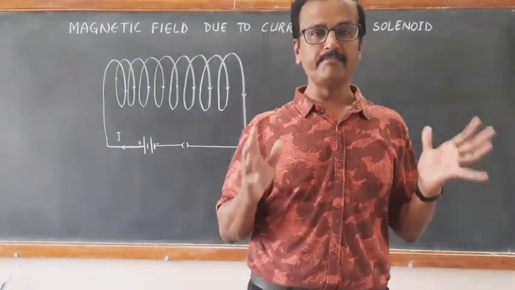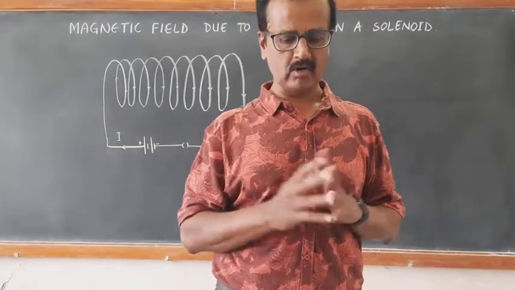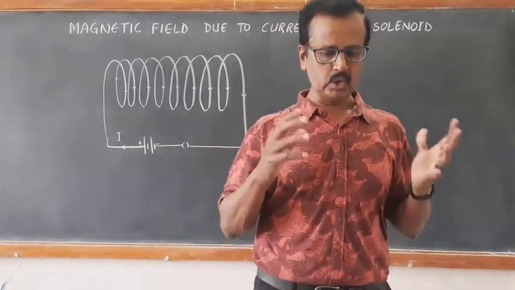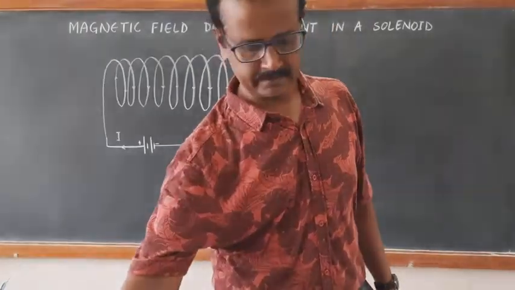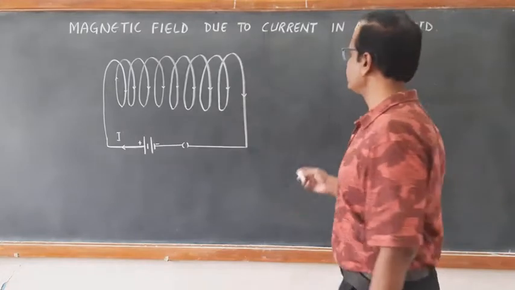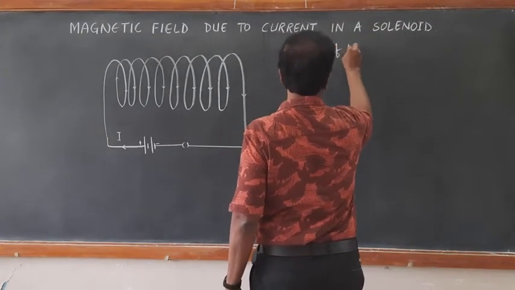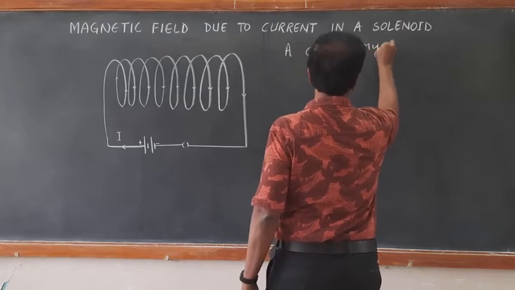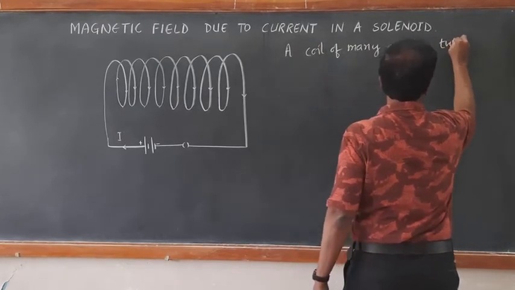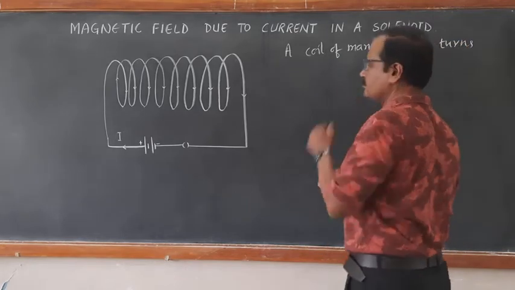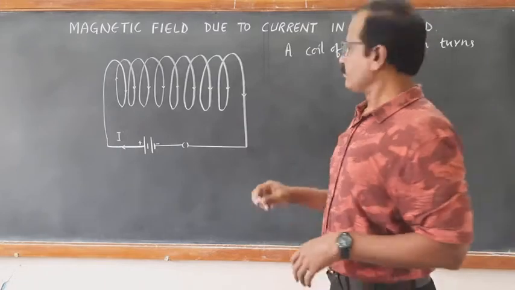A coil of many circular turns of insulated copper wire wrapped closely in the shape of a cylinder is called a solenoid. You can just write: a coil of many circular turns of insulated copper wire.